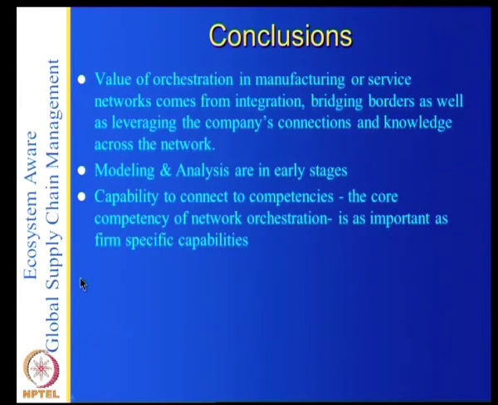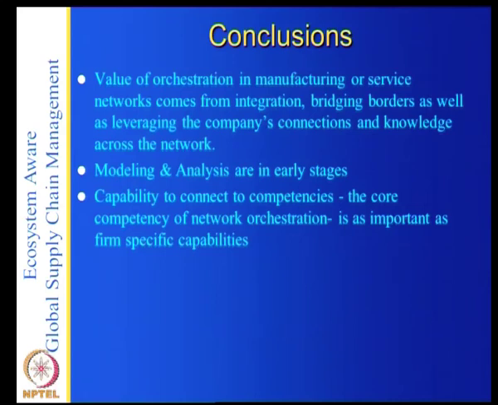Capability to connect competencies. The core competency of network orchestration is important for specific capabilities. So in other words, a firm has capabilities. You are very good in design. You are good in manufacturing. You are good in some services and so on. But like that, you are good in connecting to good people.